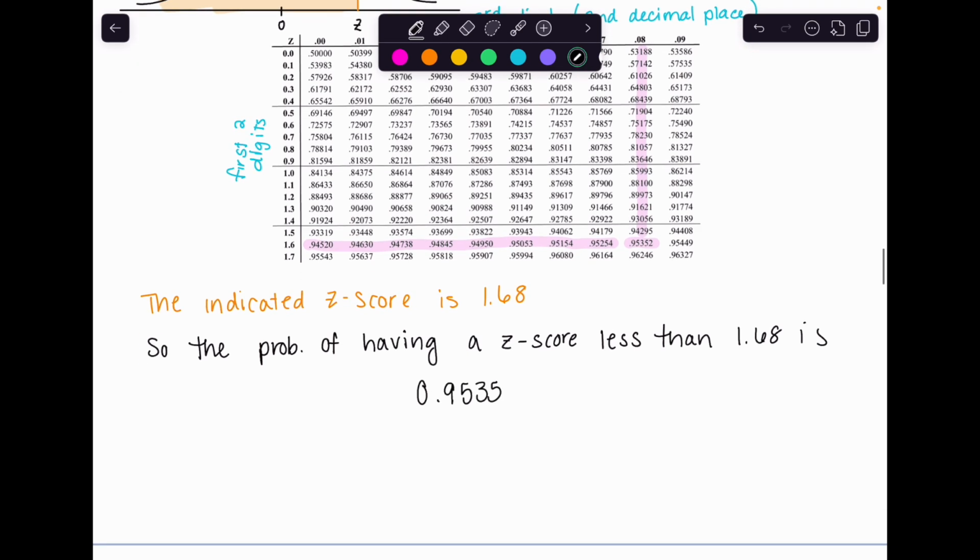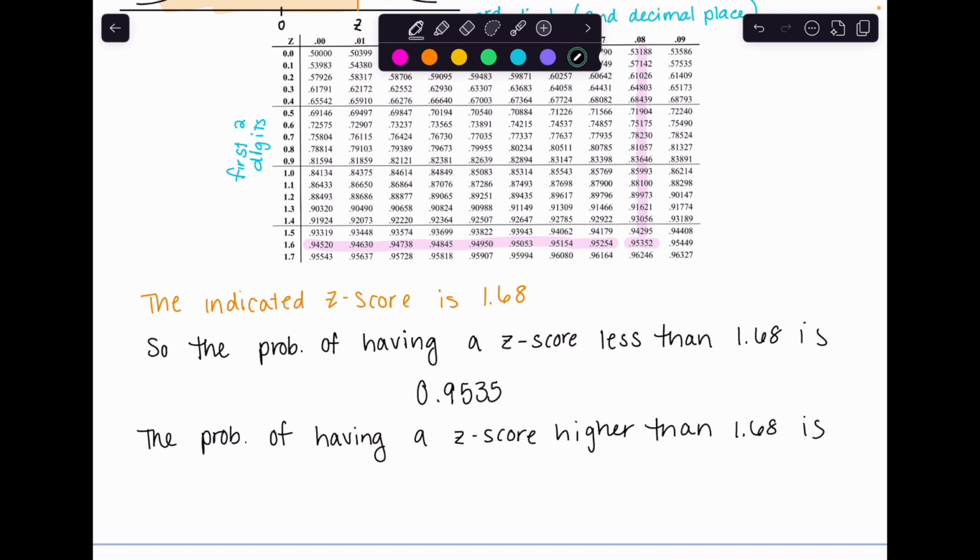And then the probability of having a z-score higher than 1.68 is 1 minus this amount, which gives us 0.0465.